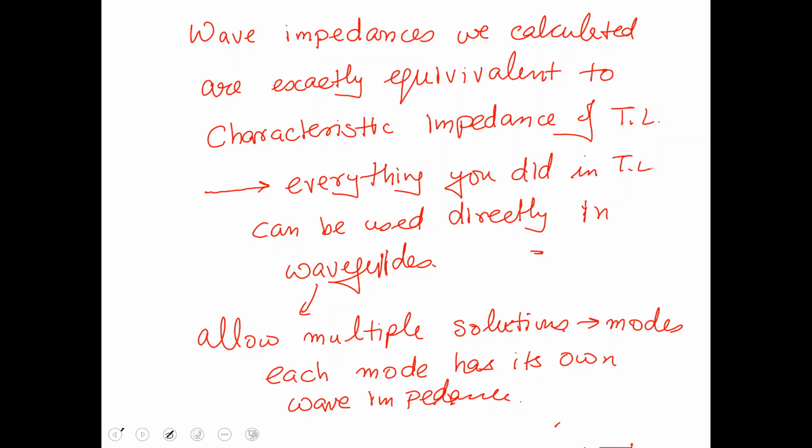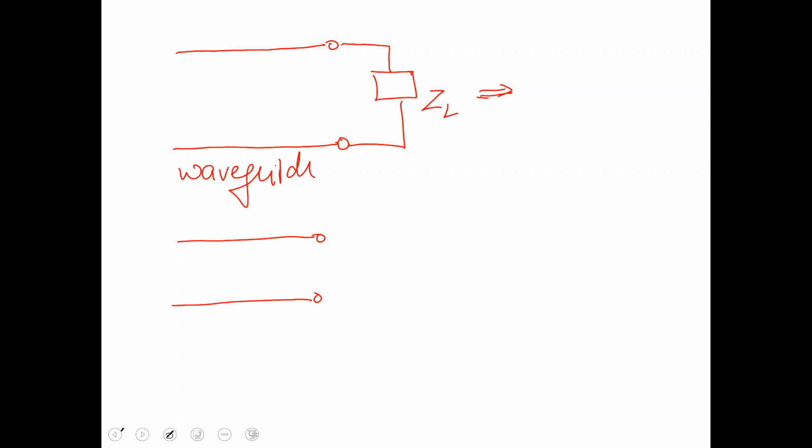So if your waveguide has different modes present, let's say I have a waveguide over here and I'm attaching it to some kind of a load, this is equivalent to having a solution where you have, let's say, TE10, TE01, TM11, TE11 modes present, just as an example.